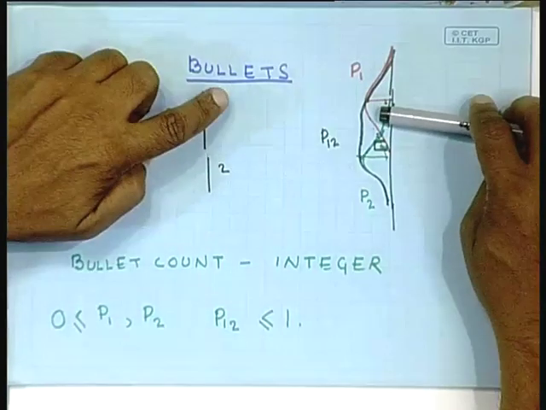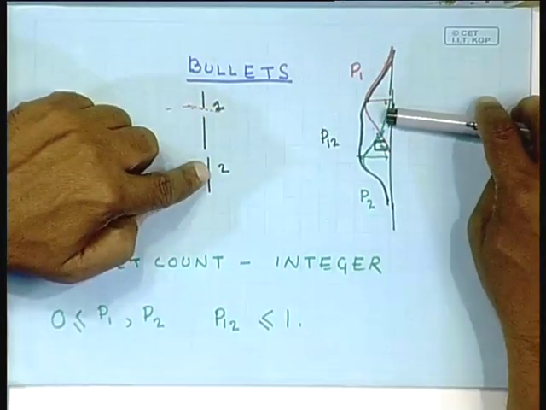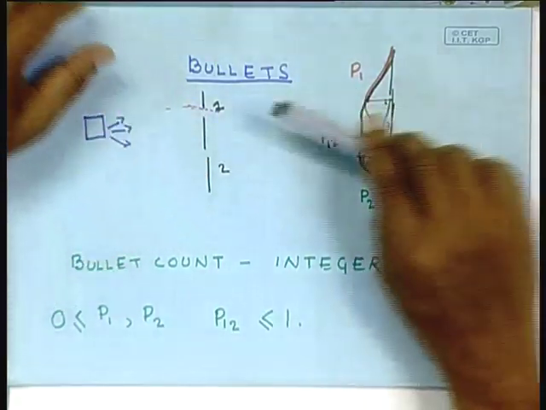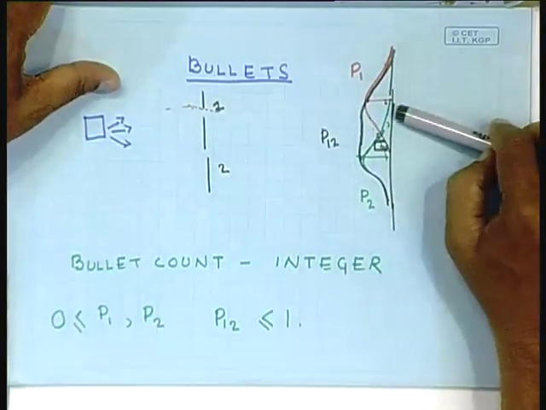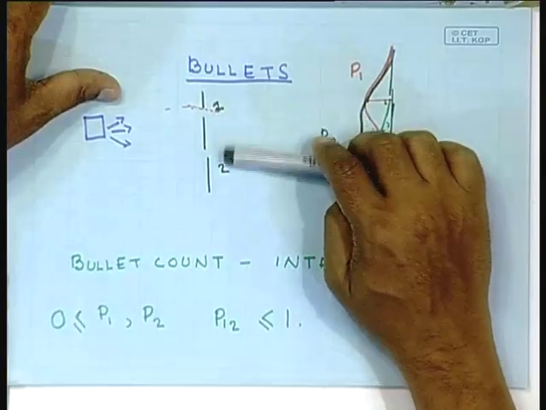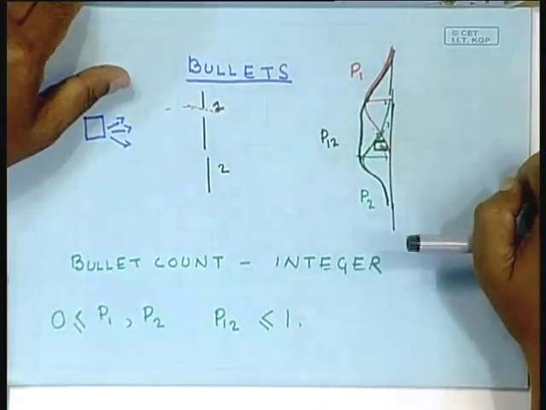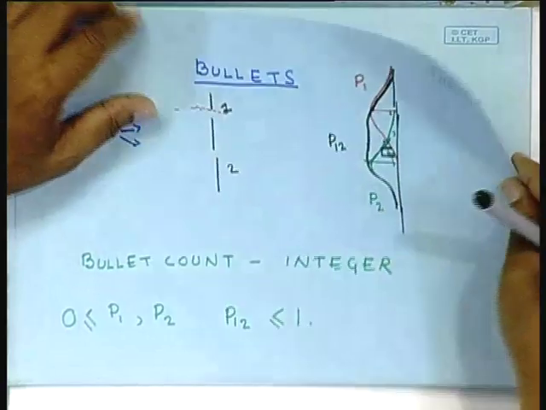We can close the second slit and calculate the probability, it will give me P2. Now, if you ask what is the probability that a bullet reaches a particular point on the screen when both are open, it is going to be P1 plus P2, that is the probability when both the slits are open.